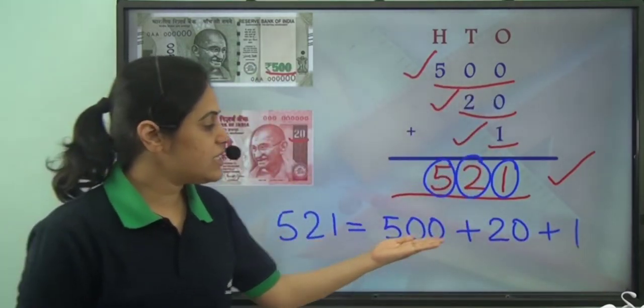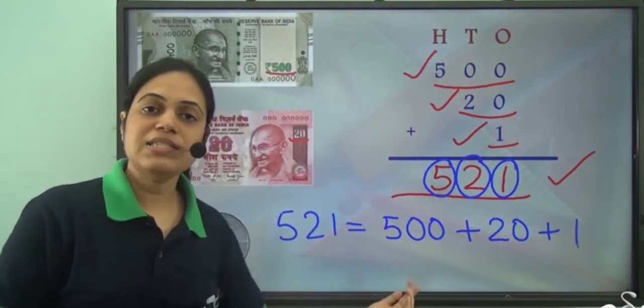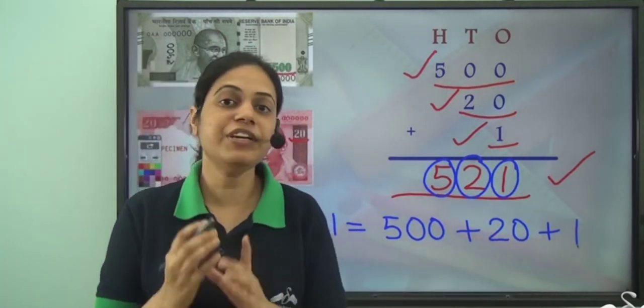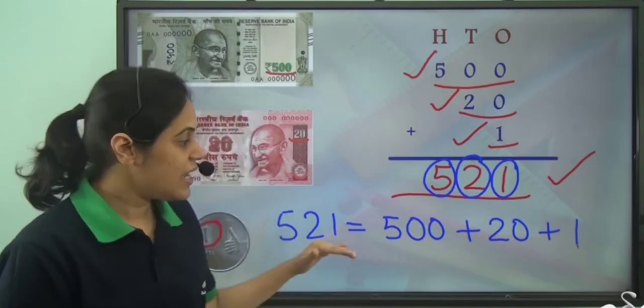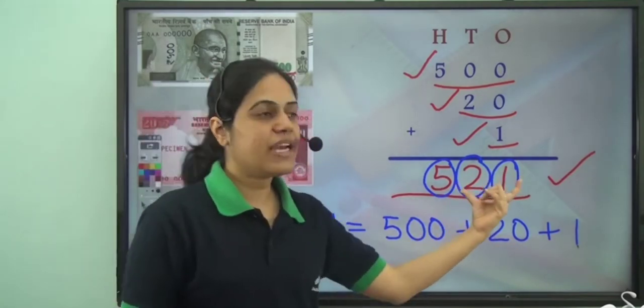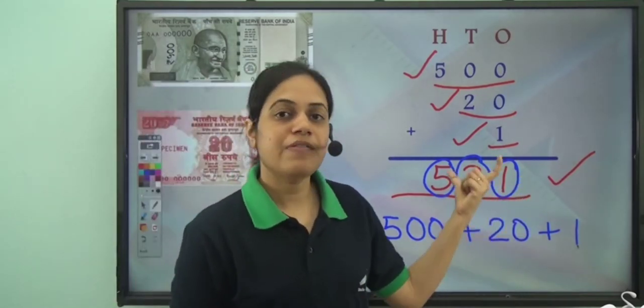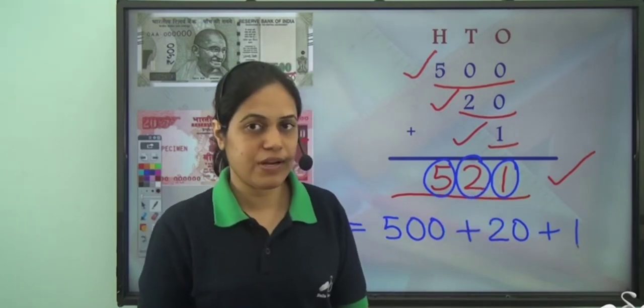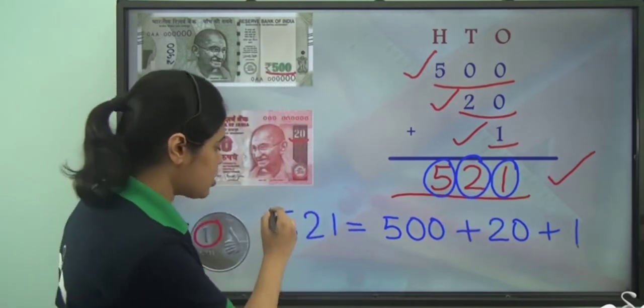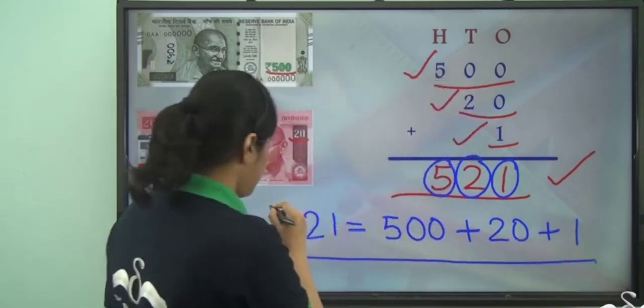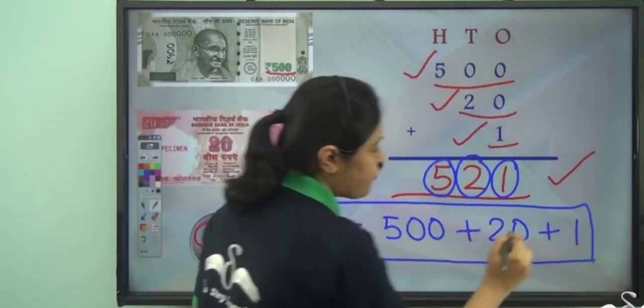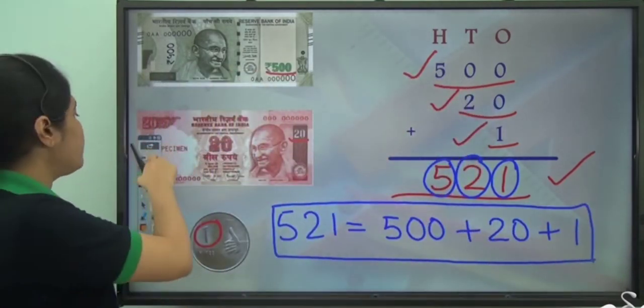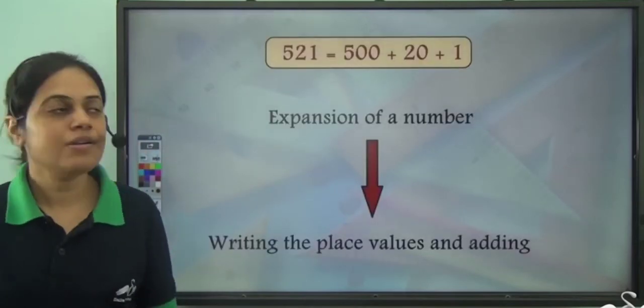So these numbers show us the place values of different digits in the number, and if we add them, we get back the original number. We get 521. So this is called expansion of a number. What do we mean by expansion of a number?